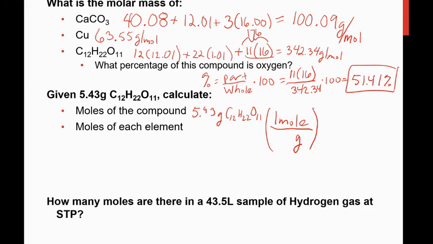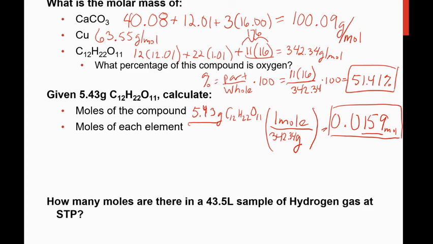So how many grams per mole? It's 342.34 grams per mole. So I do 5.43 divided by 342.34, and that's going to end up giving me 0.0159 moles. And I want to answer in 3 significant figures because I have 3 significant figures in my given.